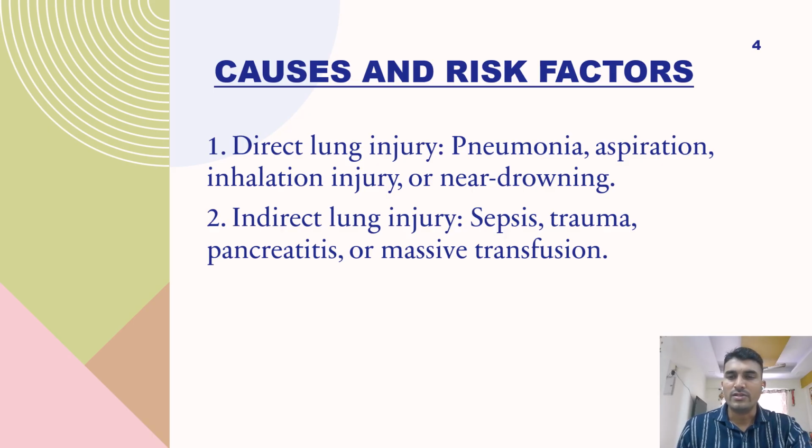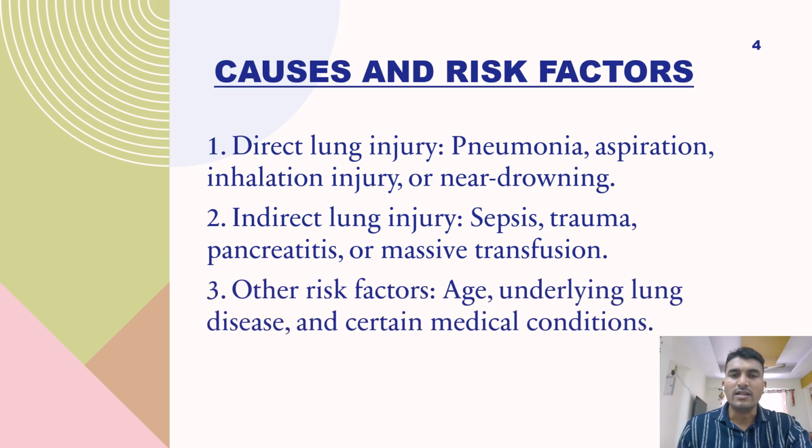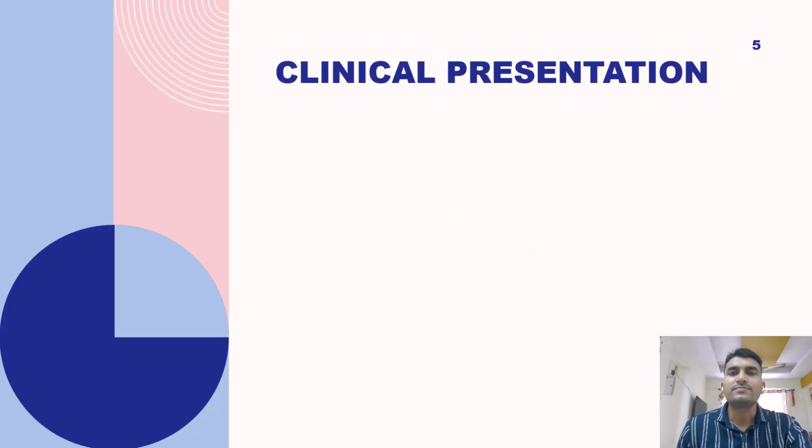Indirect one, the patient who is admitted with any kind of infection, sepsis, or trauma, pancreatitis, or massive transfusions can also ultimately lead to ARDS. Other risk factors are old age, underlying lung disease such as bronchial asthma, COPD, or certain medical conditions.